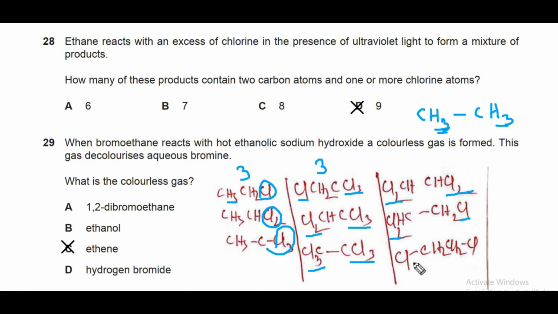Third one, 2 hydrogens are replaced by 2 chlorine atoms on one side, and on the other, 1 hydrogen is replaced by 1 chlorine atom, with 1 hydrogen left, 1 right hydrogen.